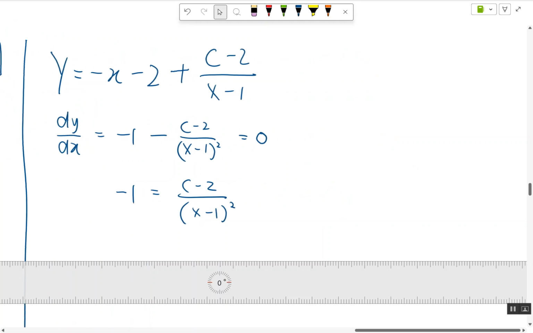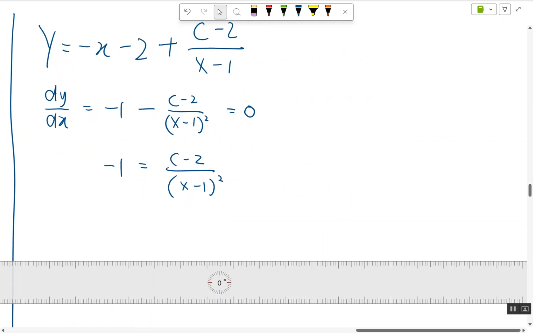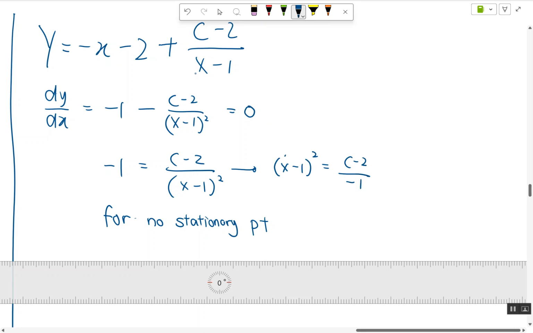If I have a stationary point, can you see? So for no stationary point, maybe you can cross multiply first. x minus 1 squared equals c minus 2 over negative 1. Can you see I just go up and then go down, and the negative 1 goes down.